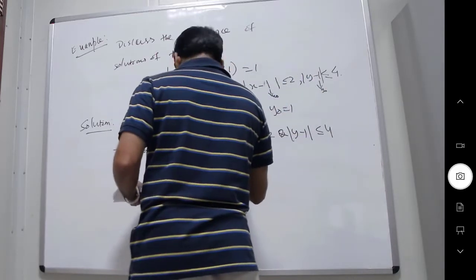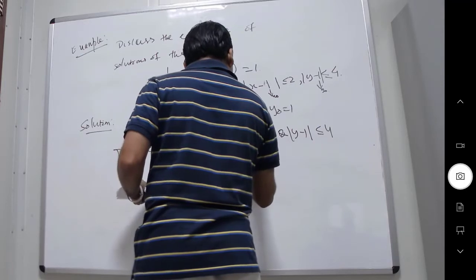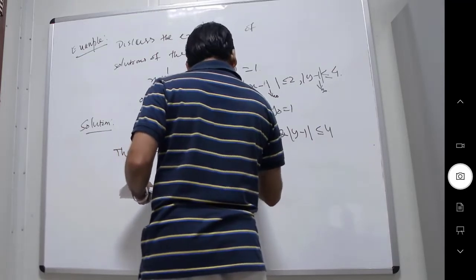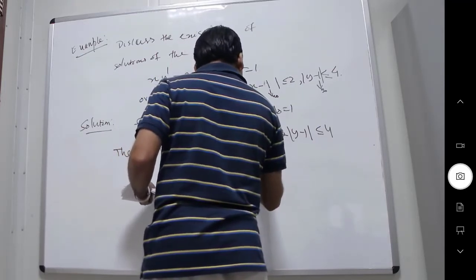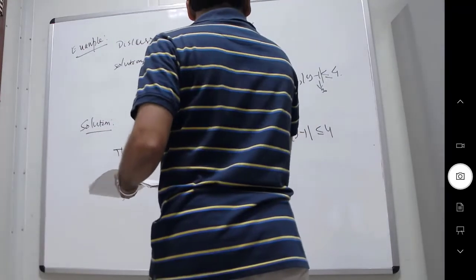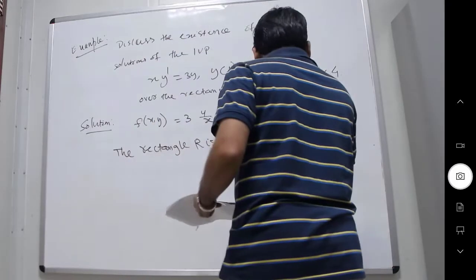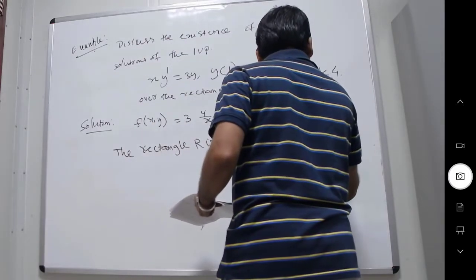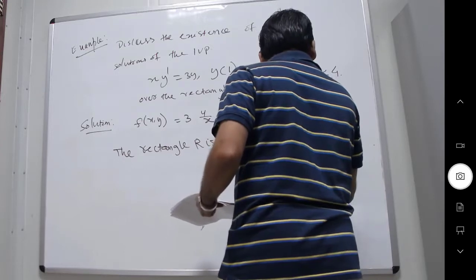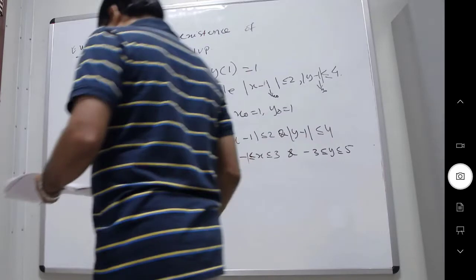So this implies minus 1 less than or equal to x less than or equal to 3, right? So minus 2 plus 1 is minus 1, and 2 plus 1 is 3. And for y, minus 4 plus 1 is minus 3, so minus 3 less than or equal to y less than or equal to 5. Okay.